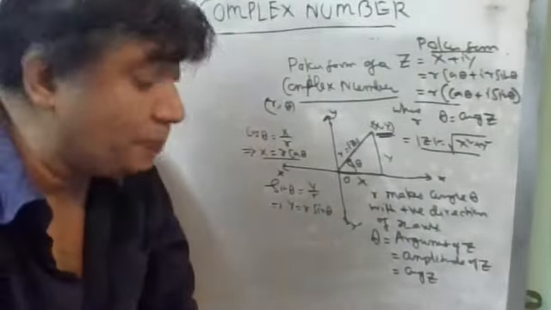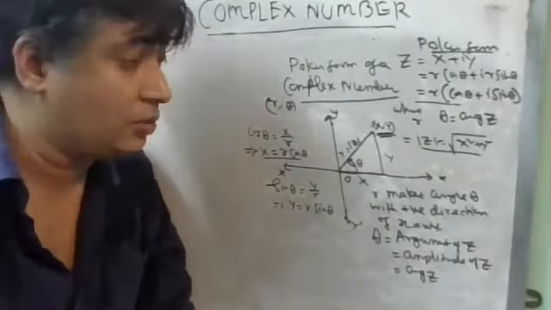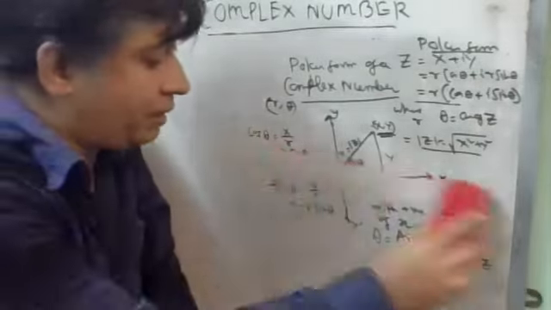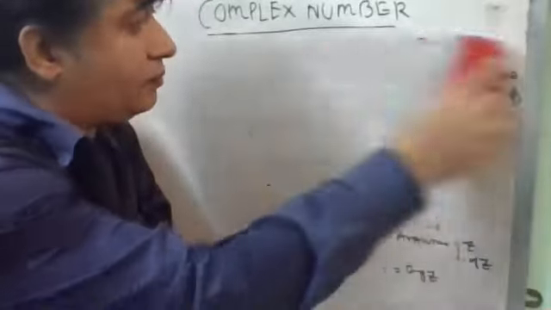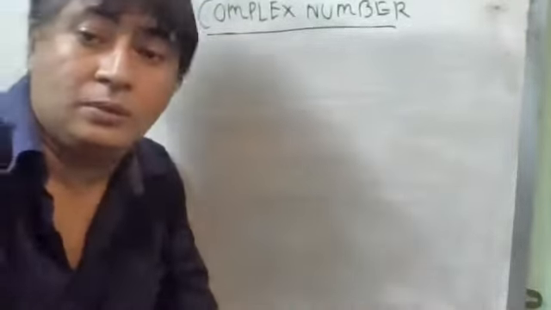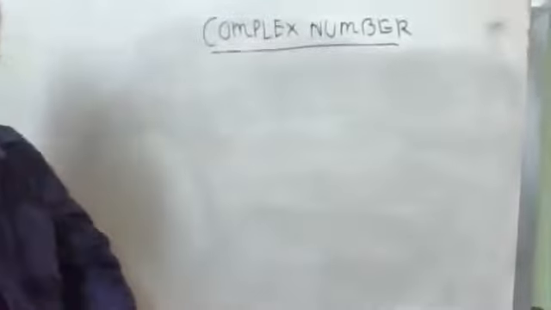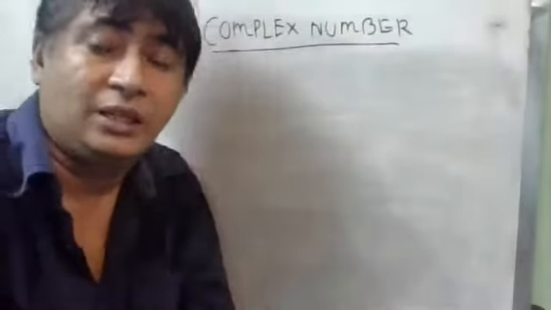Now, what is the principal value of the argument of z? Okay, I'm wrapping this part. Let us discuss the principal value. What is principal value?